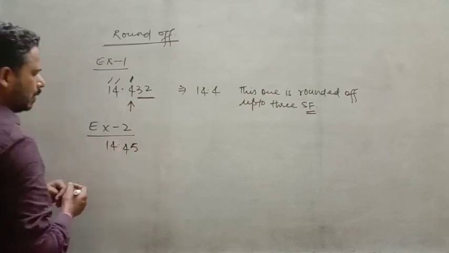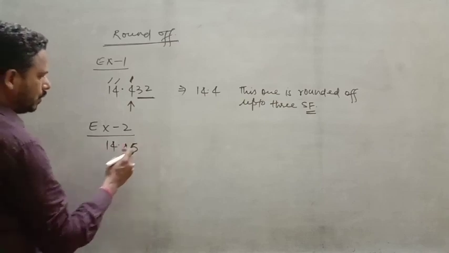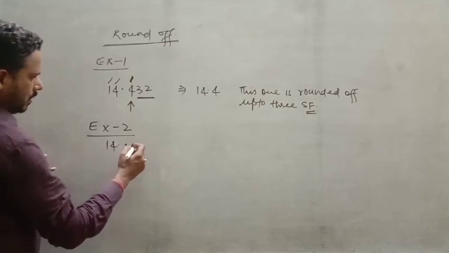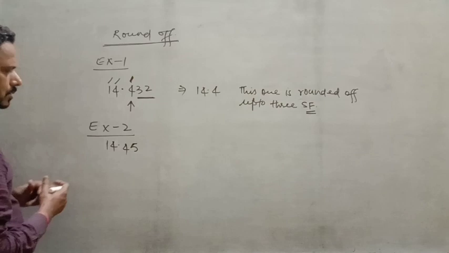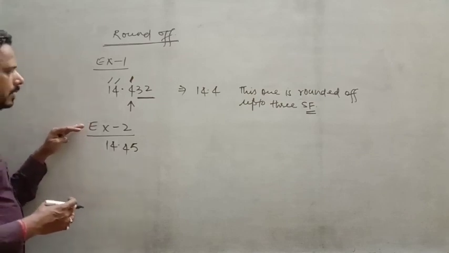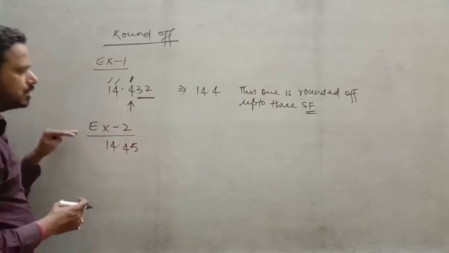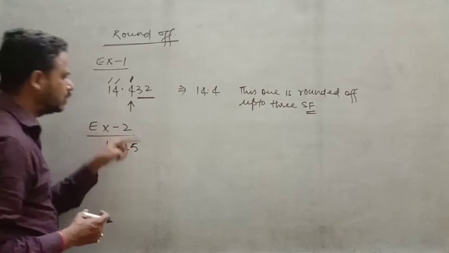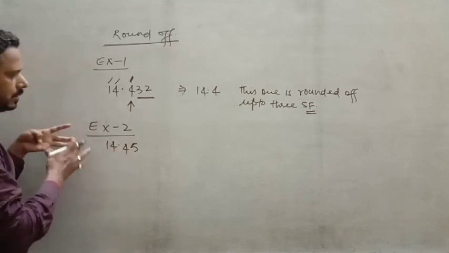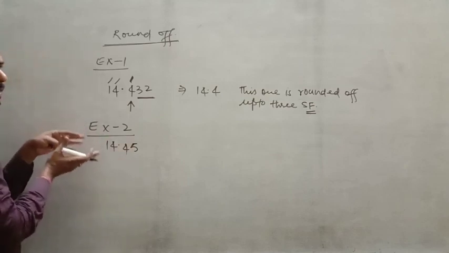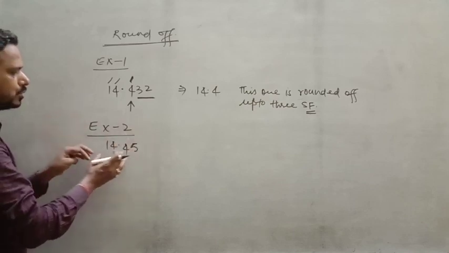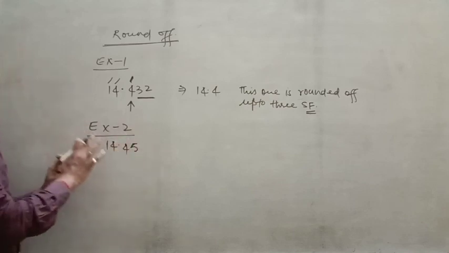Suppose we have taken either 5 and 0 or only 5. For this rule, I want to divide it into 2 different examples. This one is your first example for this rule.